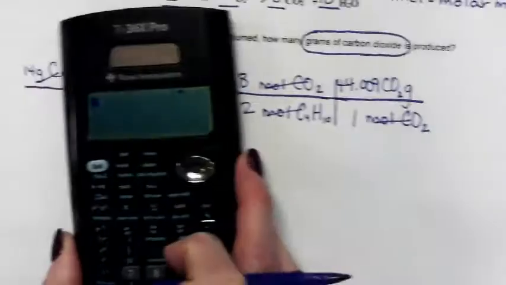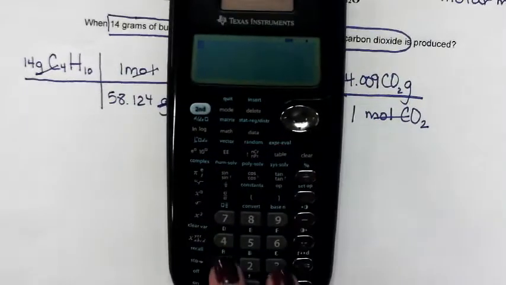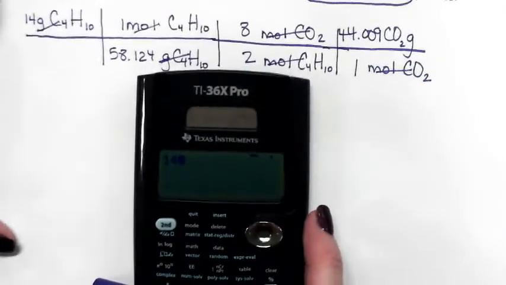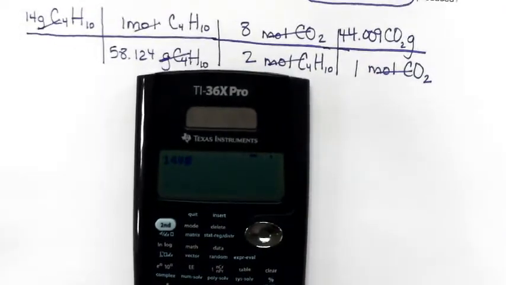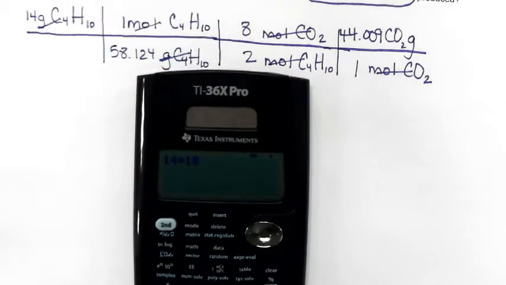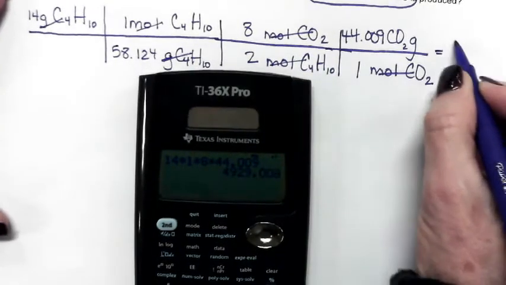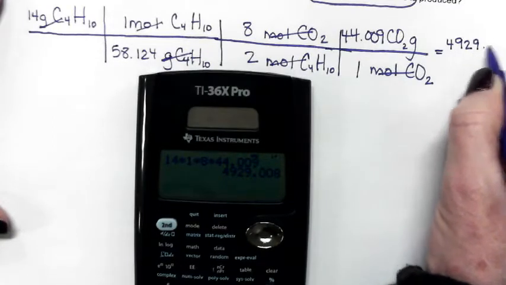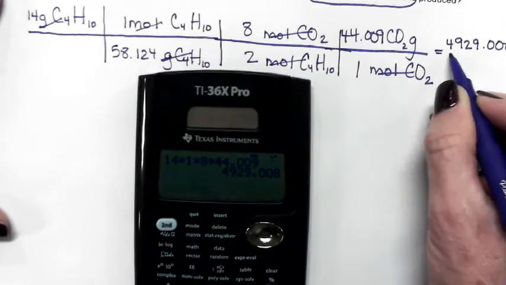Math is my favorite. Math is not my favorite, that's a lie. Okay, 14, I'm trying to get this so that you can see all of it. So 14, I'm multiplying everything that's in the numerator. 14 times 1 times 8 times 44.009. That gives me 4929.008.